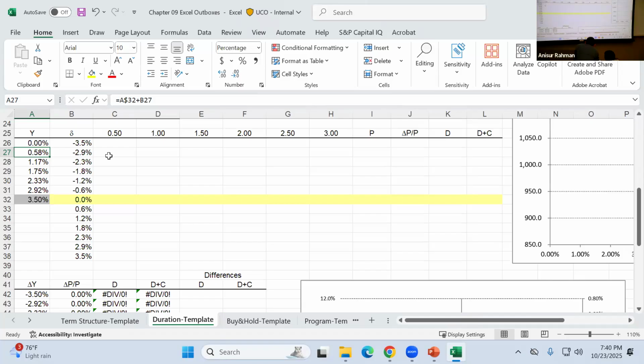This one is A32. B26. Okay, so you need to lock the row, you locked the column. Functional. Go ahead and lock the row only.